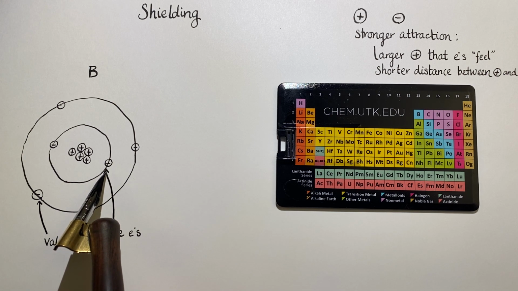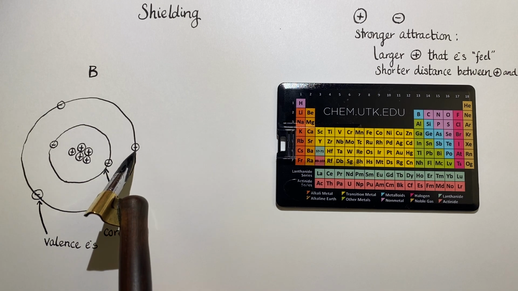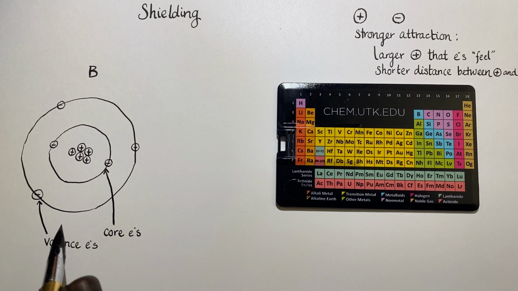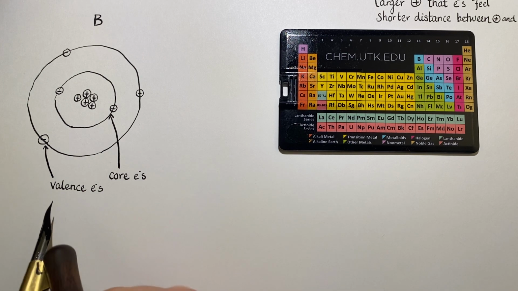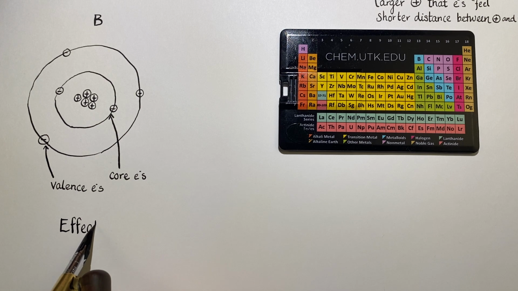All the core electrons are shielding these outer electrons. So the positive charge that these outer electrons detect will always be less than the actual charge. And there's a name for that, and that is the effective nuclear charge. Okay, the effective nuclear charge. We're going to be talking about effective nuclear charge a lot, so.